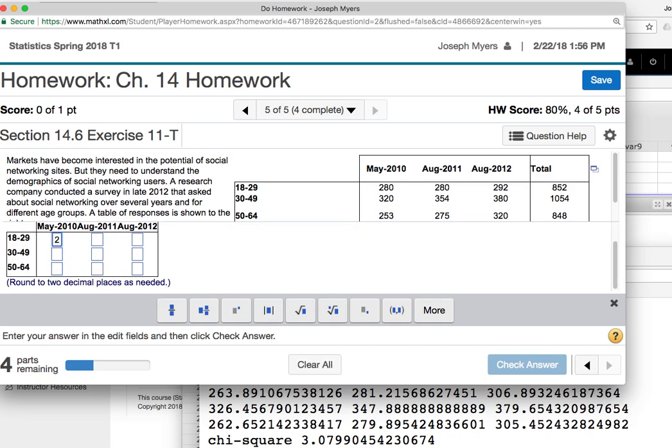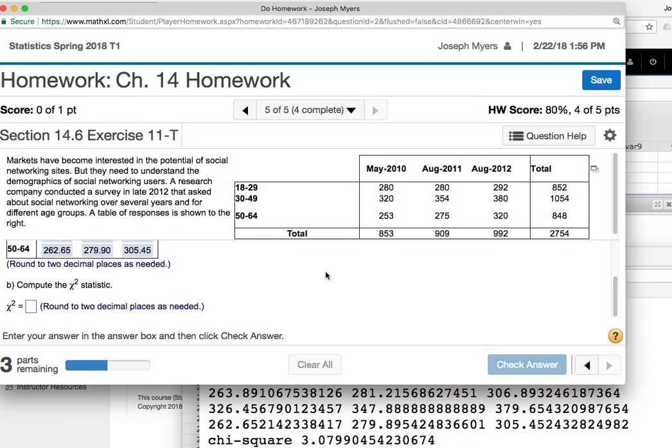So 263.89, 281.22, 306.89, 326.46, 347.89, 379.65, 262.65, 279.90, 305.45.